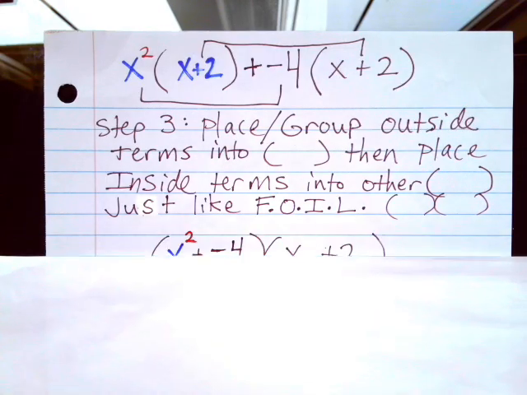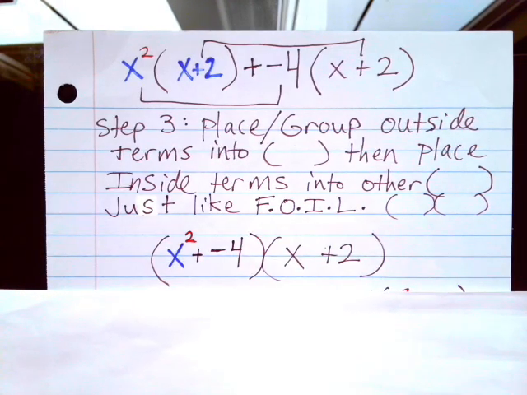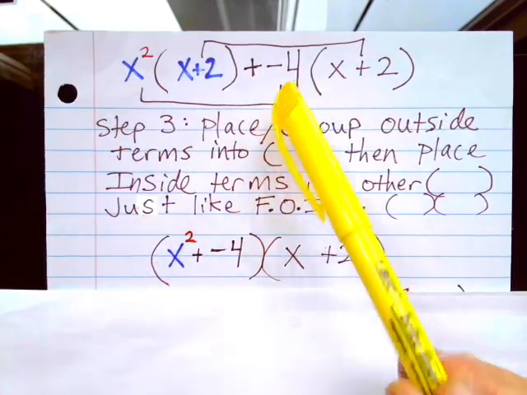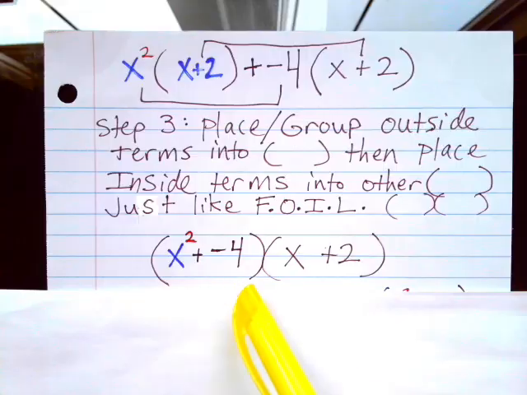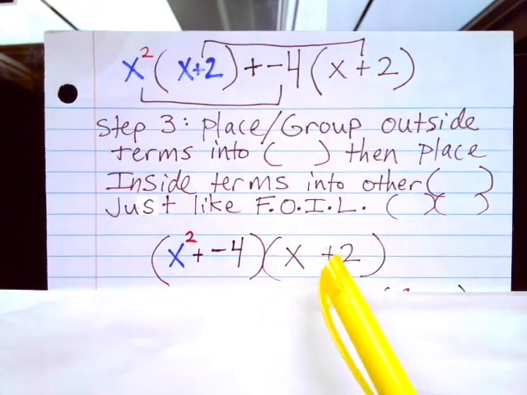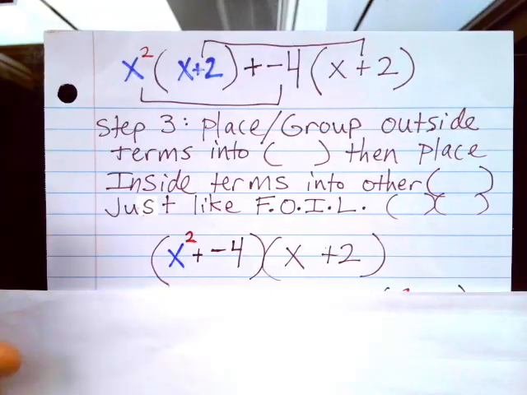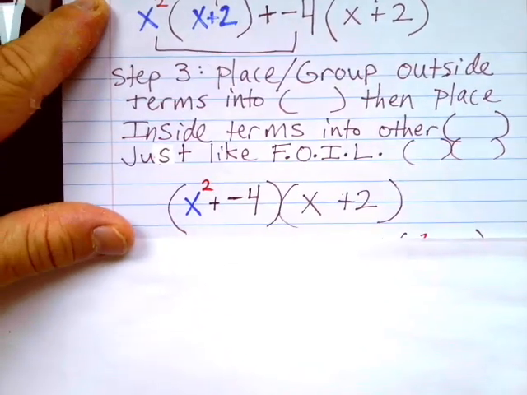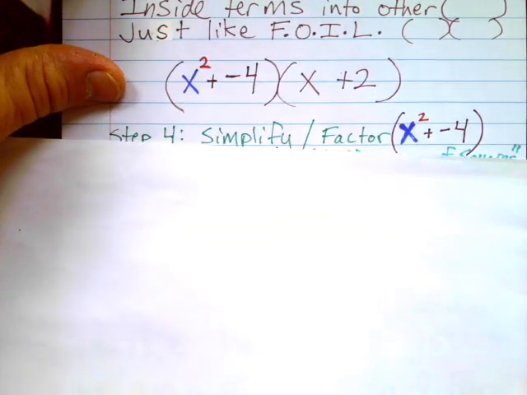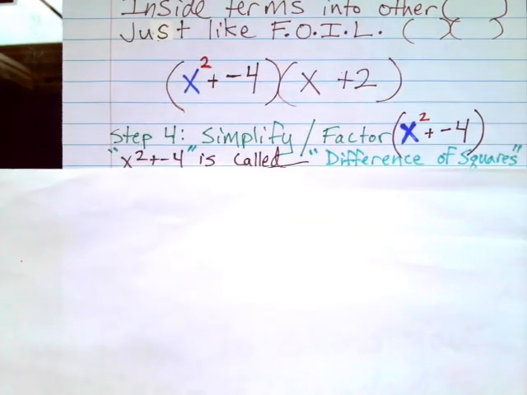Let's see what that looks like. We have x squared plus a -4 inside one set of parentheses, and x plus 2 goes in another set of parentheses. I hope that didn't confuse you. That's just how factor by grouping goes.